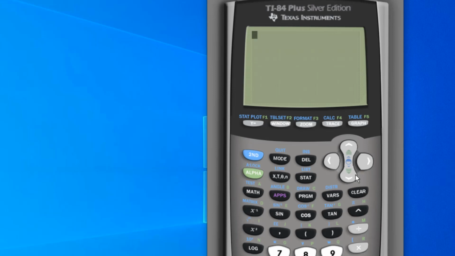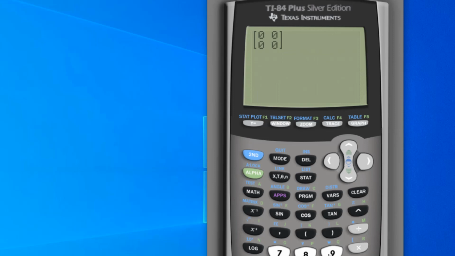So let's suppose I want to generate the multiplicative inverse of a matrix. Again, alpha. I want a 2 by 2, so 2 for the number of rows, enter, number of columns, 2, and then OK.